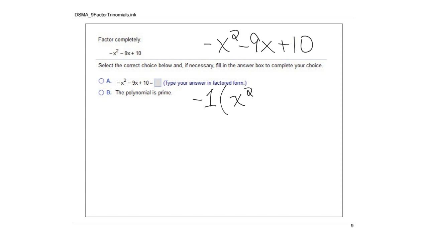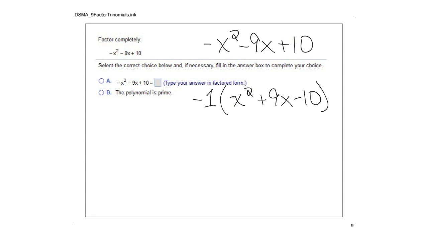That means everything inside is going to change signs. Each of those terms were divided by negative 1. So negative x squared divided by negative 1 gives me positive x squared. Negative 9x divided by negative 1 gives me 9x. And then 10 divided by negative 1 gives me negative 10.